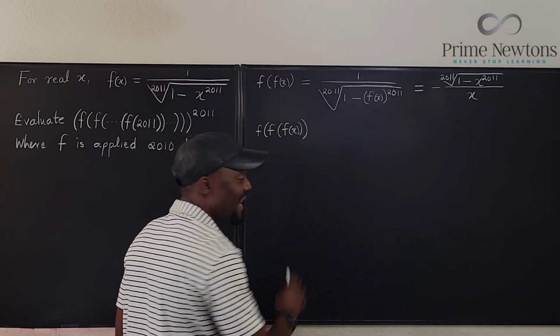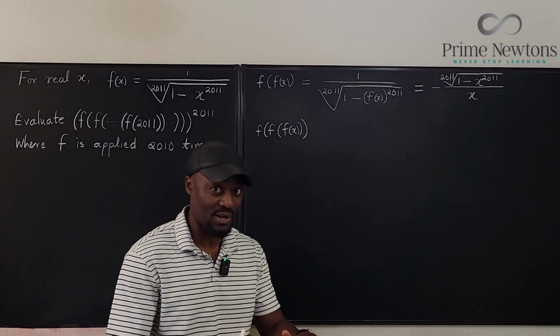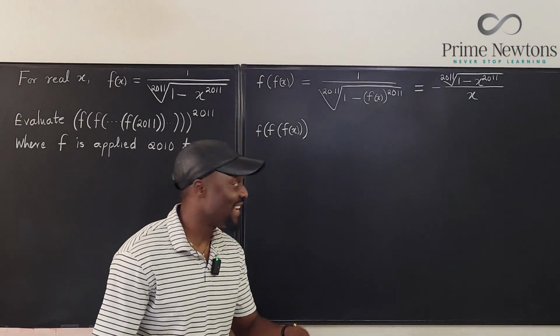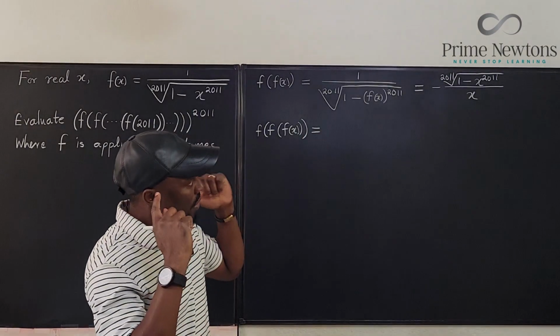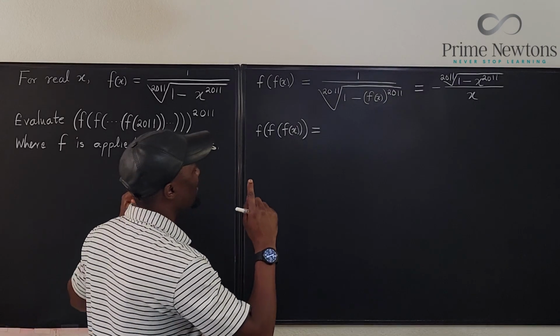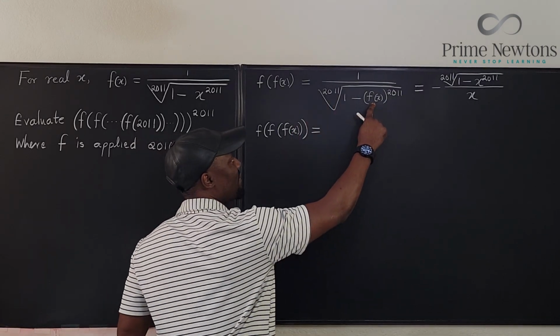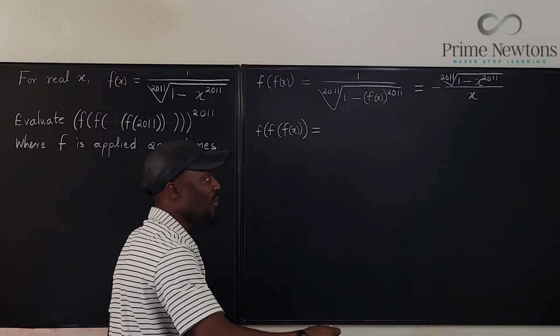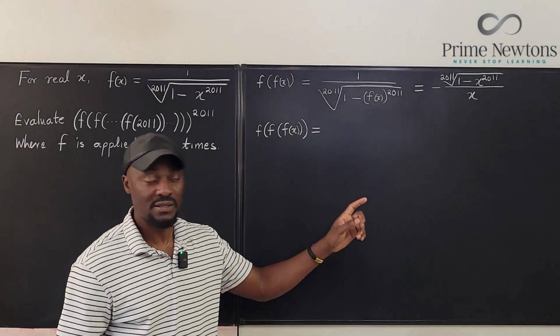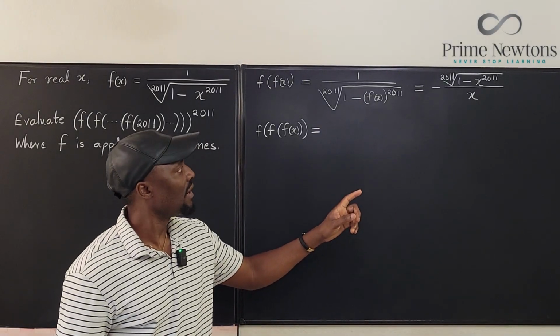Now this might get a bit crazy, but just follow, okay? Don't get lost on the way. We're going to repeat the same thing, but instead of f of x here, we're going to have f of f of x here.